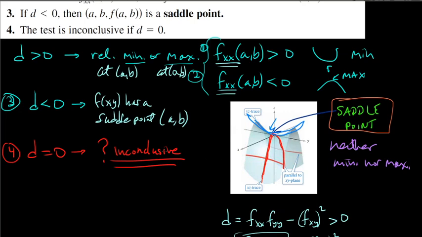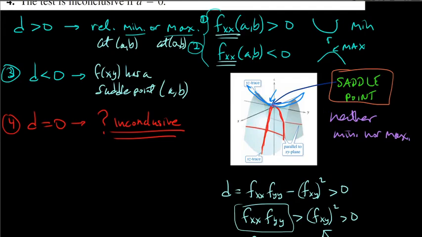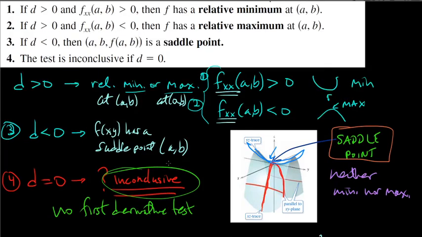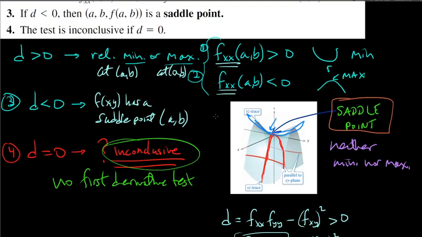In Calc 1, you would just go back and use the first derivative test. But in Calc 3, there is no first derivative test. So now we really are stuck. We really have no idea whether this is a maximum or a minimum. So that's really bad news.